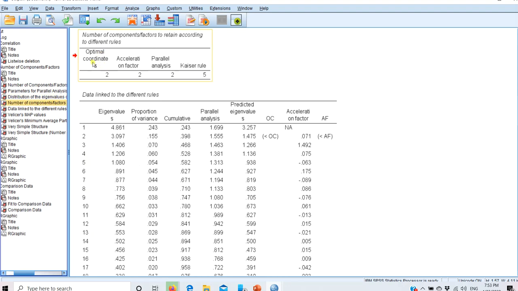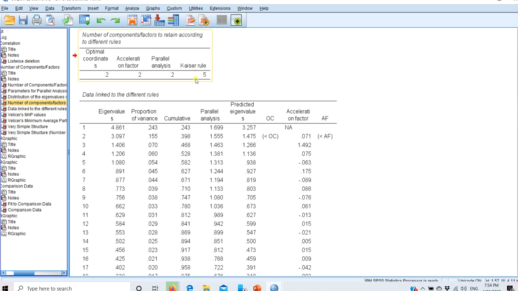If you are following optimal coordinate, it is suggesting 2 factors. Acceleration factor is also suggesting 2 factors. So this menu produces the number of factors, so you do not have to determine it, it will determine and give it to you, but we should know how to determine it. So I will show in the other output how this 2, 2, 2 and 5 have come.